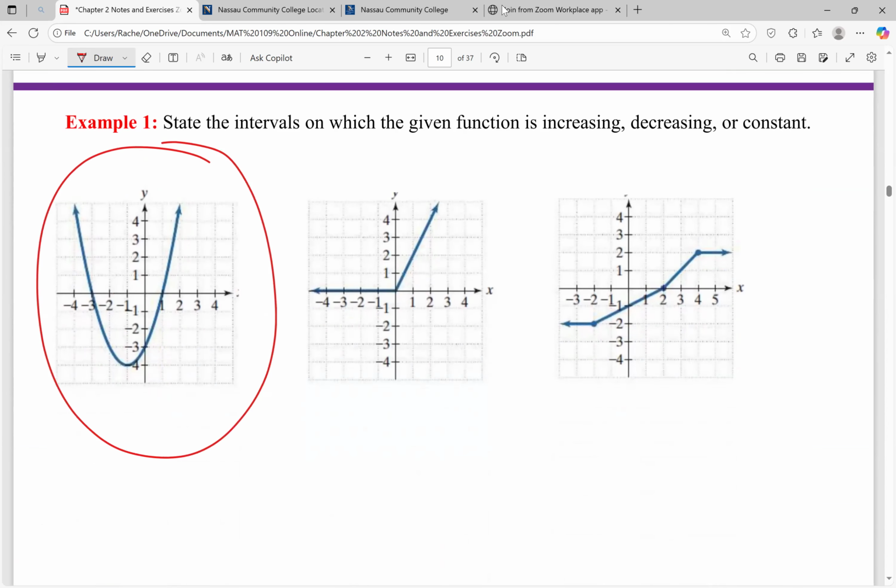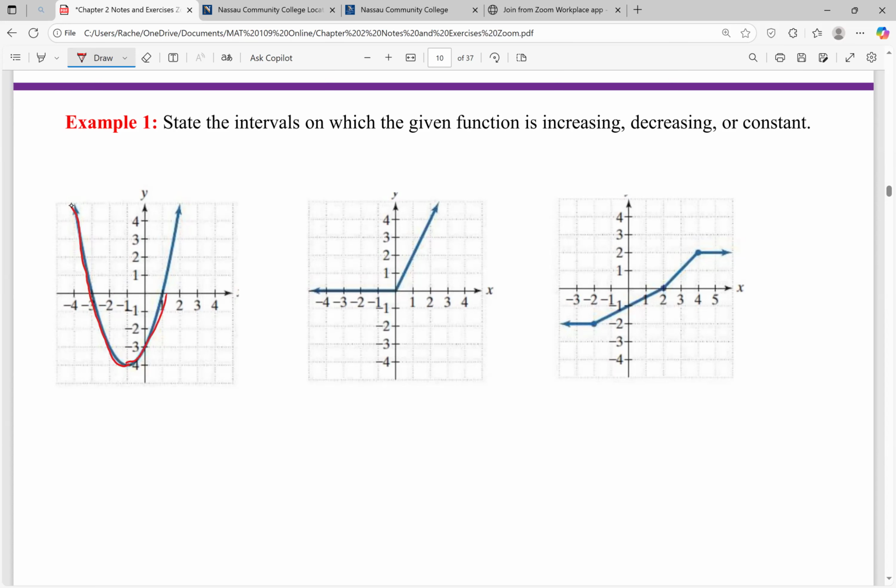We see, as we look at the graph from left to right, that the graph is decreasing over an interval, then it starts increasing over another interval. So we want to identify the two intervals for x where the function is decreasing, meaning where the graph is falling from left to right and the y values are getting smaller, and then where the graph is increasing, so where the values of the function are increasing over the interval.